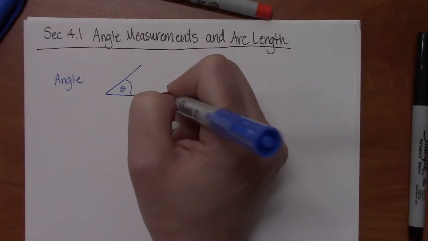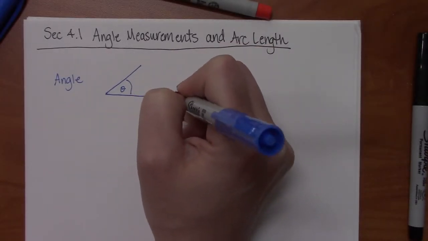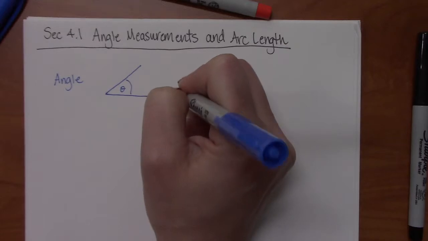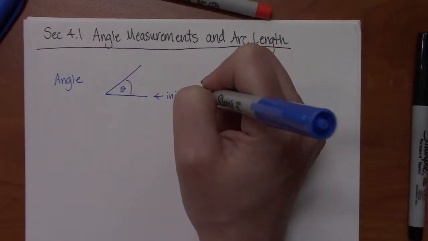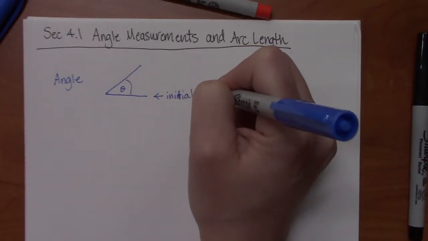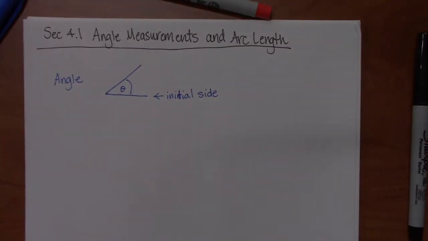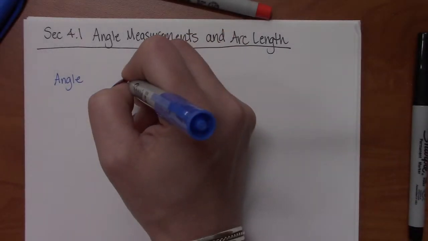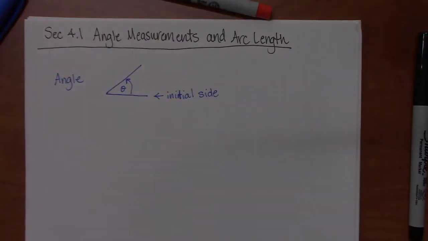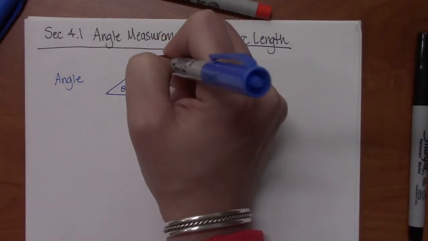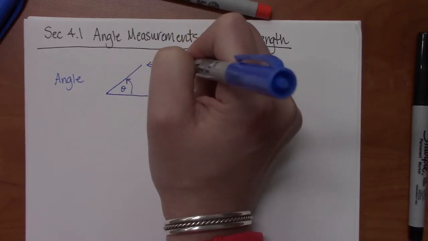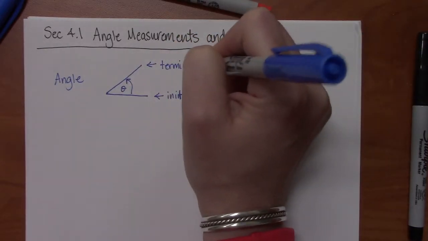So the initial side is where the angle starts. That's where you draw the first line. Then you rotate toward the direction they tell you. So in this case, if that's the initial side, we rotate it up. And then where we stop, this line is called the terminal side.